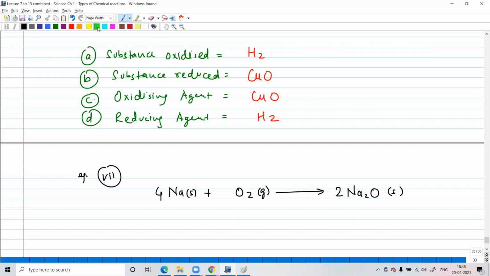So here, where is the oxidation happening? You can see very clearly sodium is getting oxidized to Na2O. So this is very simple addition of oxygen. There should be no doubt.